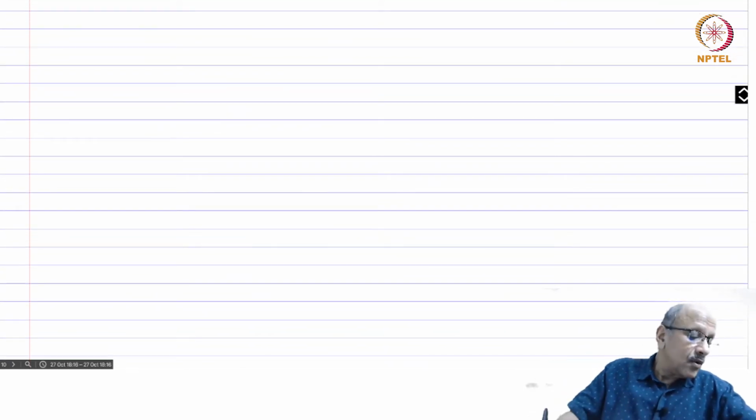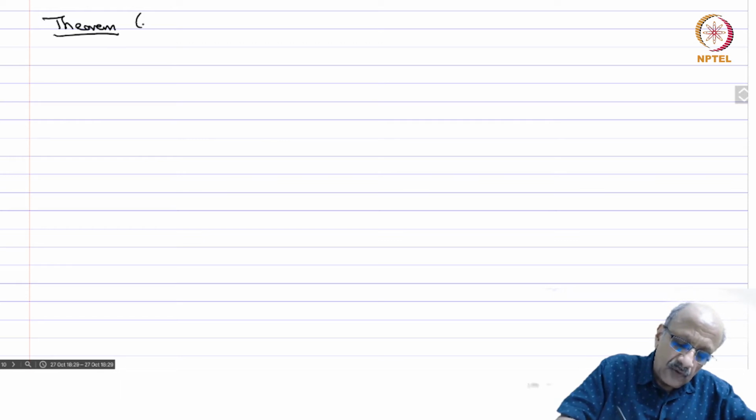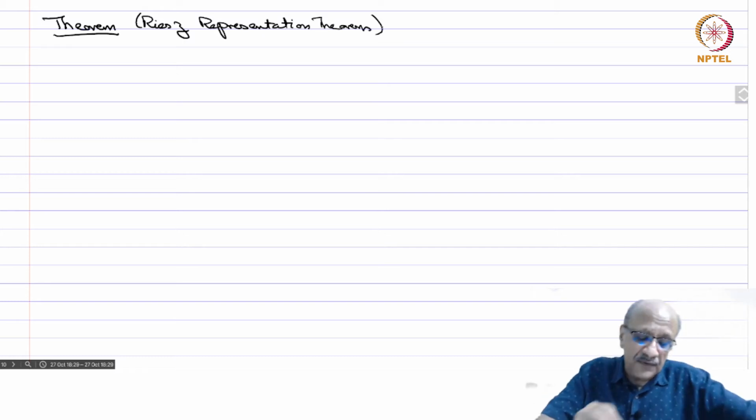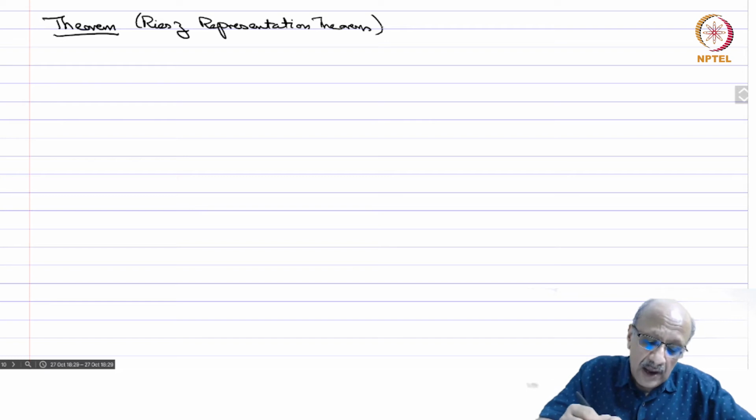So now we can prove our main theorem. So this is the Riesz representation theorem. So there is a whole family of theorems with the same name, and they are all about computation of duals of some function space or the other, the L^p spaces, continuous functions, various things.